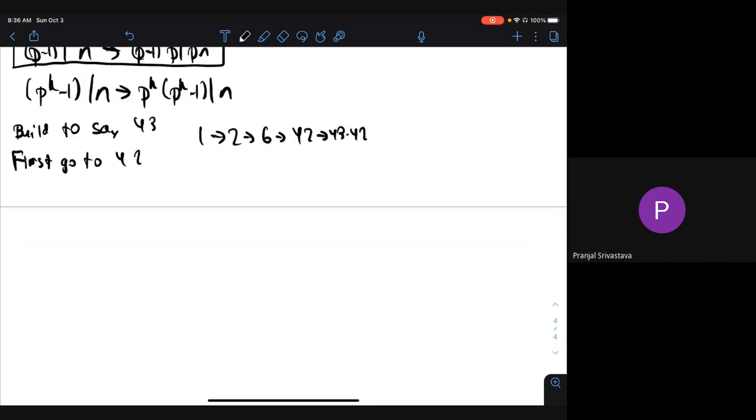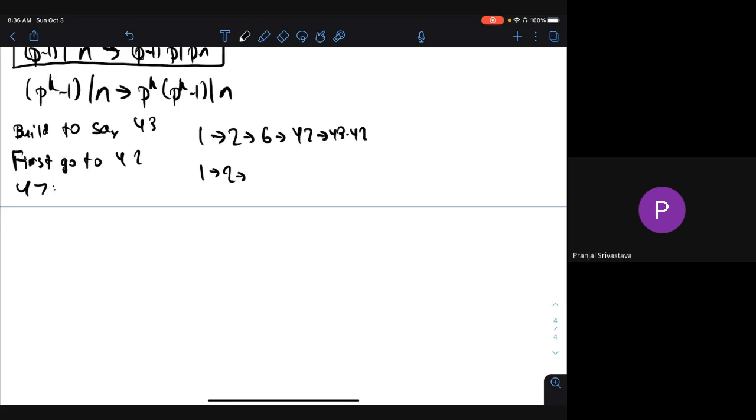So what about if we wanted to go to 47? Whoever's going to go to 47, anyone want to try?